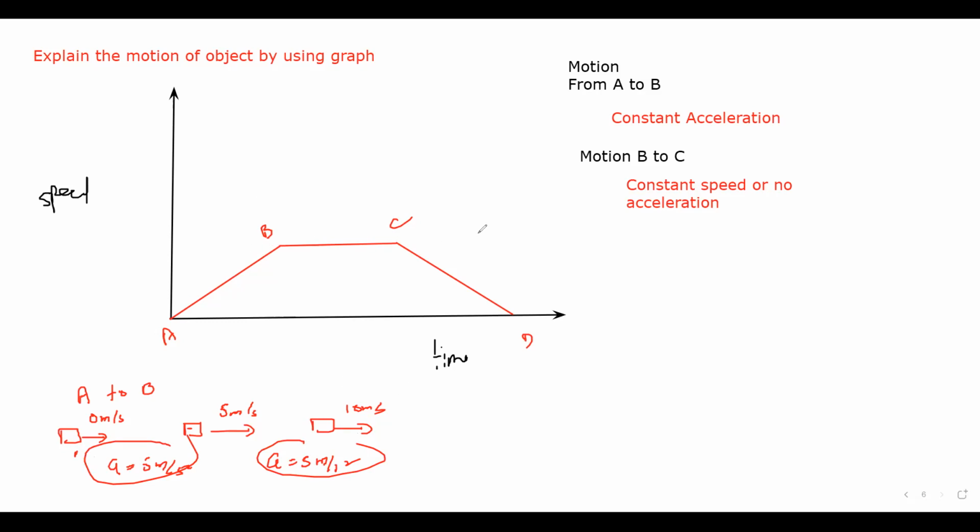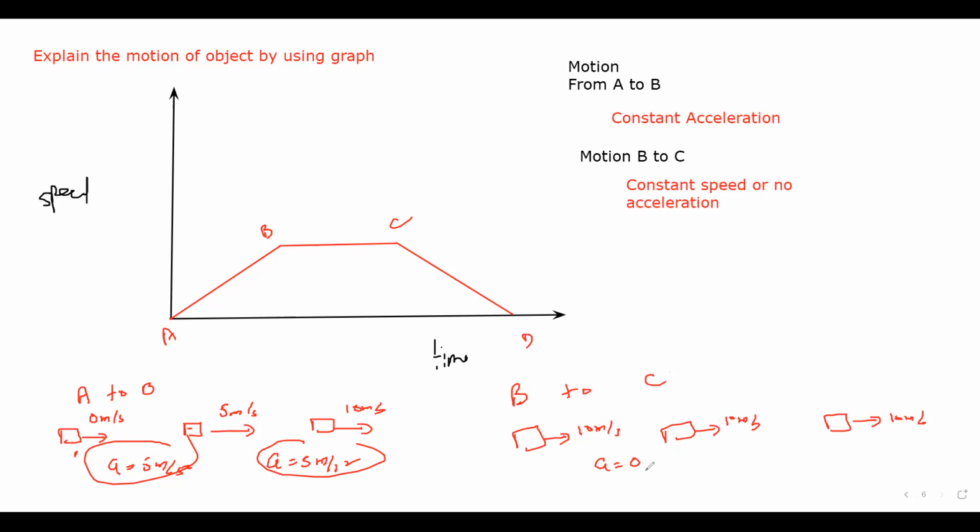But from B to C, why do we say constant speed or no acceleration? From point B to point C, the speed is not changing. For example, the speed was 10 meter per second, then the speed is 10 meter per second, and it continued to move with 10 meter per second. So what is the acceleration here?